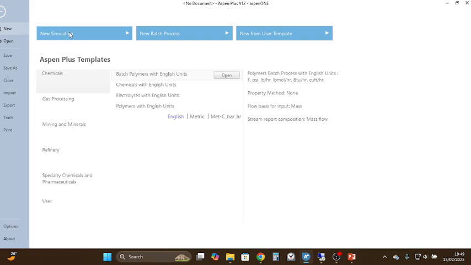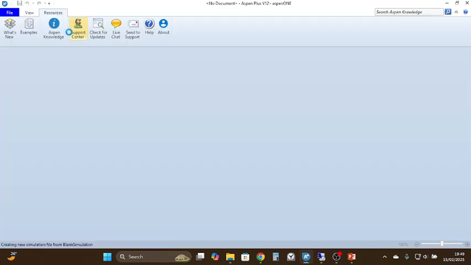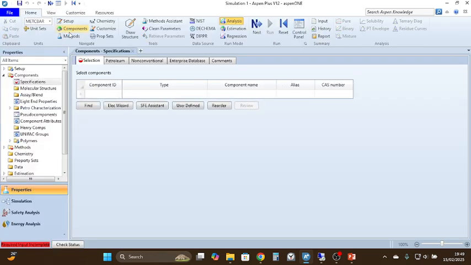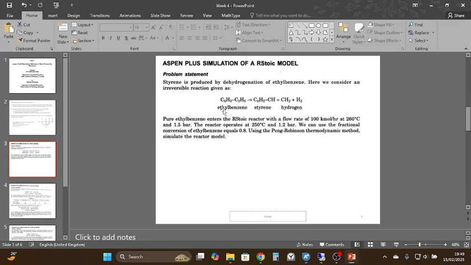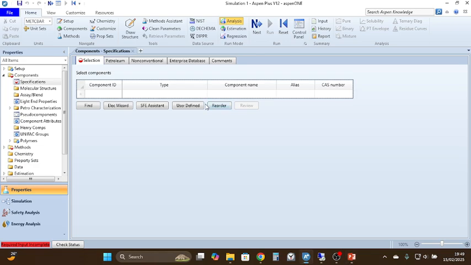So we are going to start a new simulation. What are the components that we have to add? We have to add ethyl benzene, styrene and hydrogen.